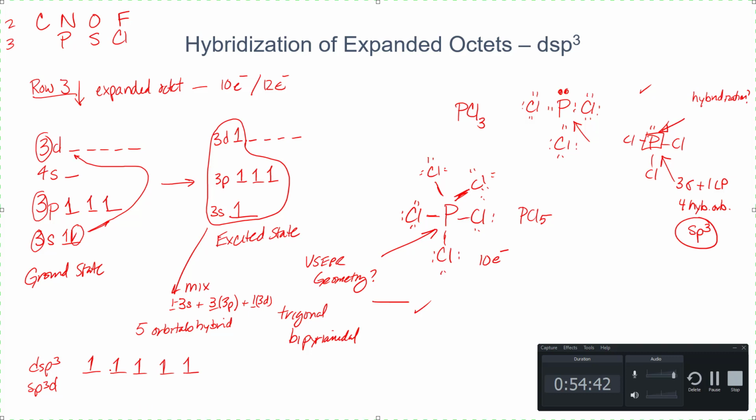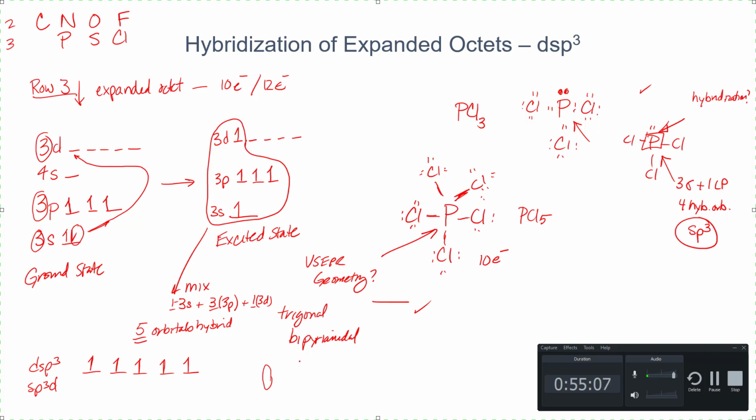Now, this is the critical part. I mix the orbitals first, then I put the electrons into it. What does a dsp3 hybrid orbital look like? It looks like this. How many of them are there? 5. So what is the geometry?